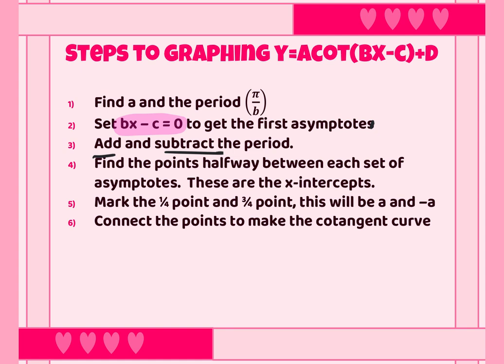So you're going to find the asymptote to the right and the asymptote to the left. You're going to find the points halfway between each set of asymptotes. Those are your x-intercepts. You're going to mark the quarter point and the 3/4 point. That will be your A and negative A this time. So it rises left and falls right. And then you connect those points to make the curve. They could ask you questions based on where those are. You'd have to know how to find it, but you don't normally have to find them.